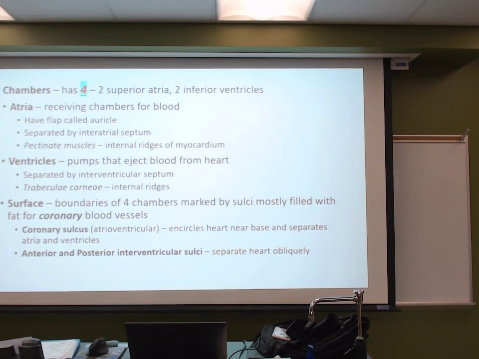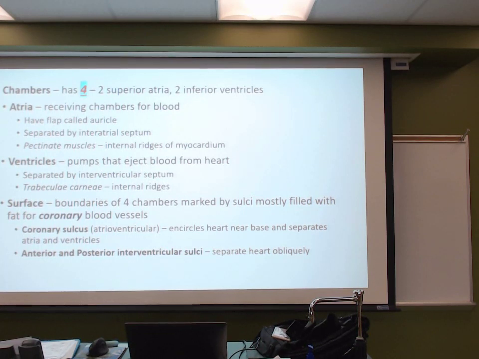The 2 atria, if you look at our model, which is not very great, you almost have to put your fingers in between the two atria and feel the wall between them. That is your interatrial septum. Septum for the separation, interatrial because it's in between the two.